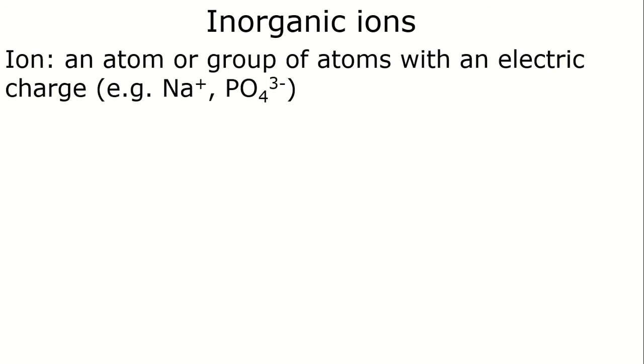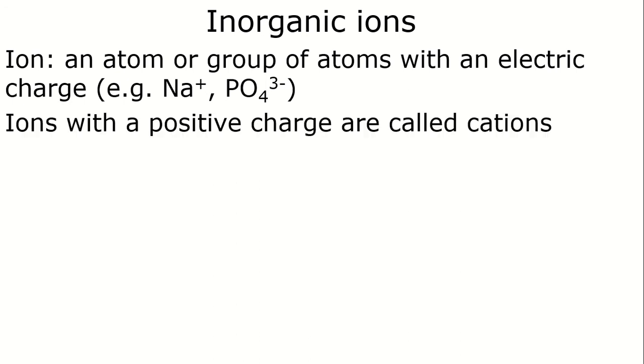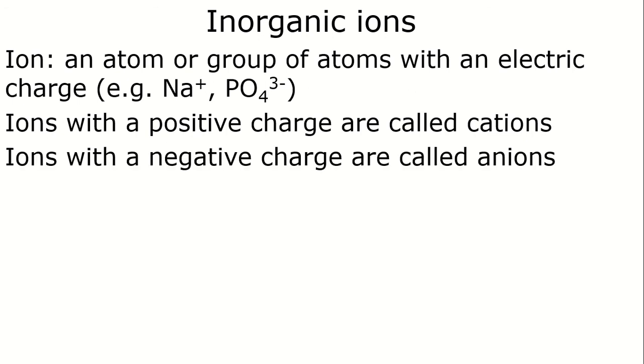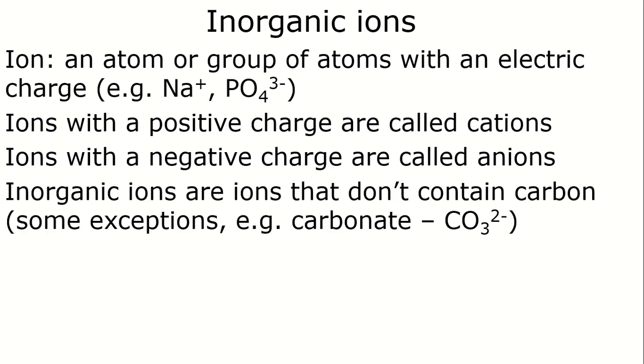So for phosphate, we can see this is a group of atoms now with an electric charge. It's got a charge of 3-, so we write the number of charge, which in this case is 3, and we write obviously the symbol to show that it has a negative charge and not a positive charge. So ions with positive charges are called cations, so sodium is a cation, and ions with negative charge are called anions, so in this case phosphate is our anion.